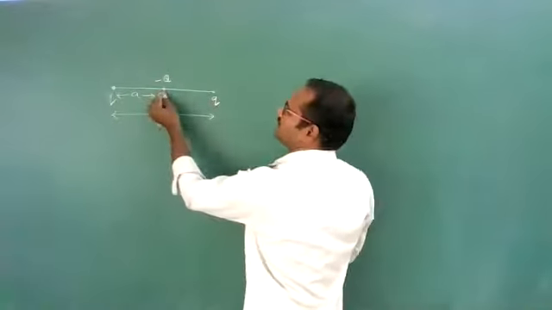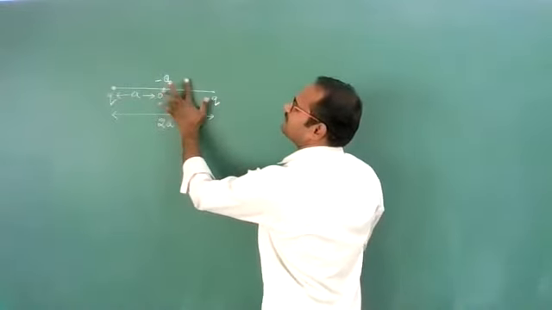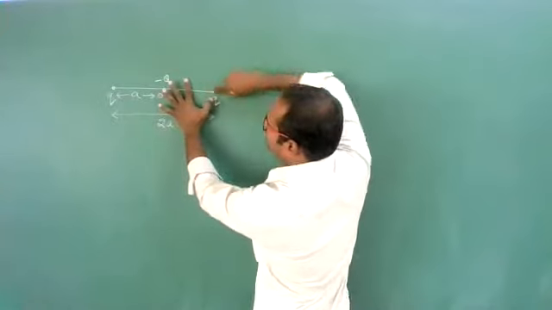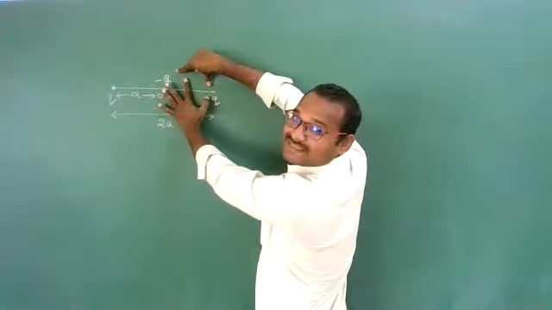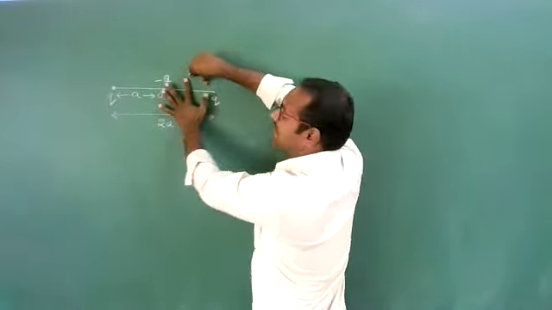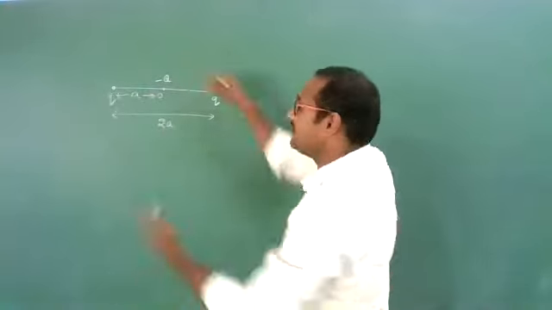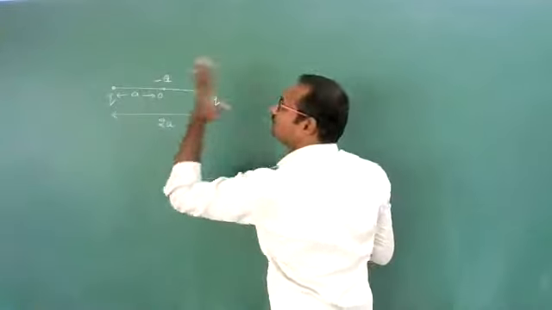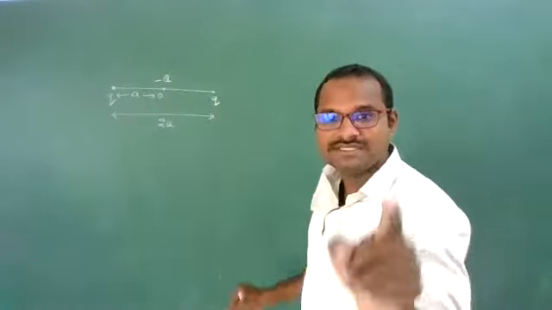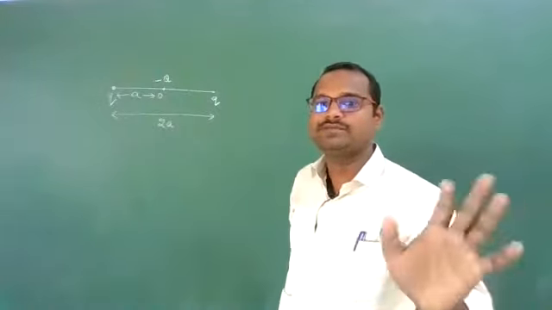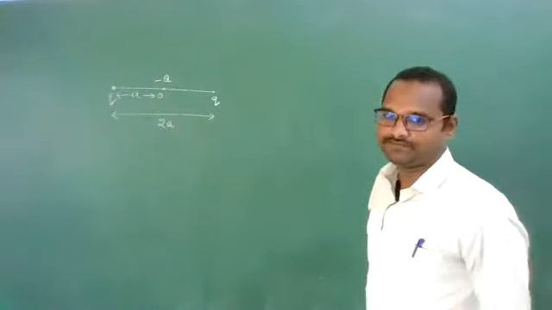If you displace this negative charge, let us imagine it came here. The distance to this charge decreases, so the attractive force increases, whereas the distance to the other charge increases, so that attractive force decreases. It will not come back to the original position. So it is under unstable equilibrium, which means it doesn't perform SHM.